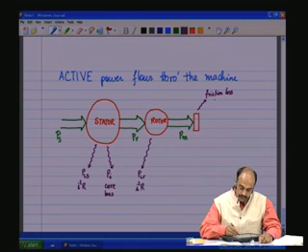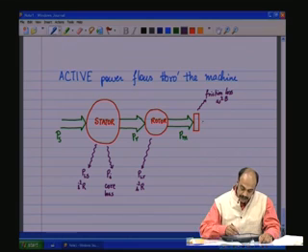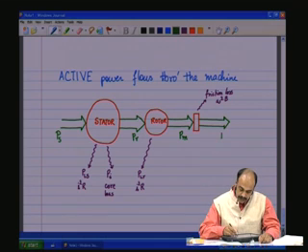So omega square into B would be the friction loss, and finally the remaining power is the shaft power, P shaft.